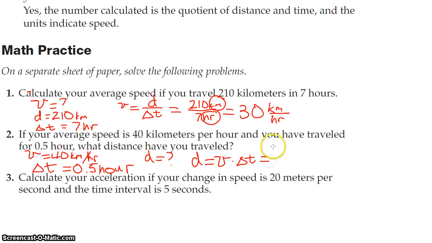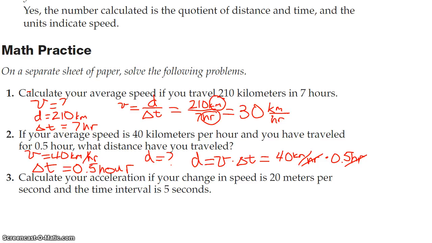Let's plug in. Our distance traveled, our velocity is 40 kilometers per hour, and we're multiplying that times 0.5 hours. And if you look, our hours are going to cancel out, so we can get rid of those two right now.